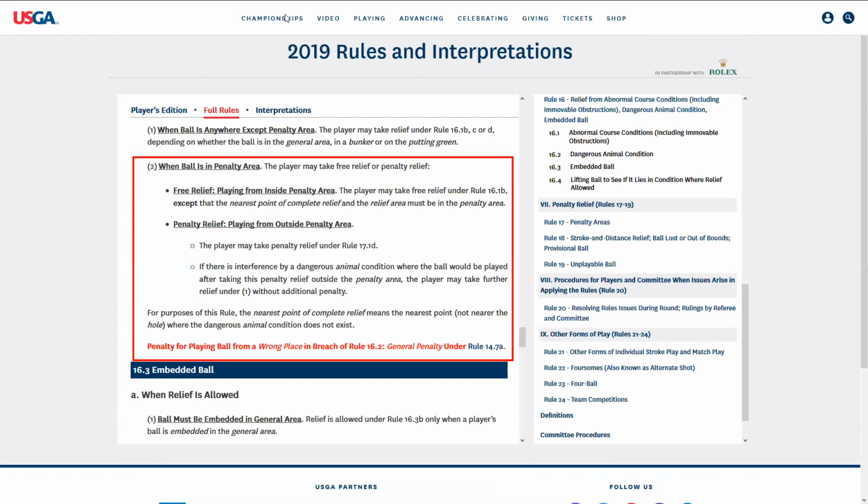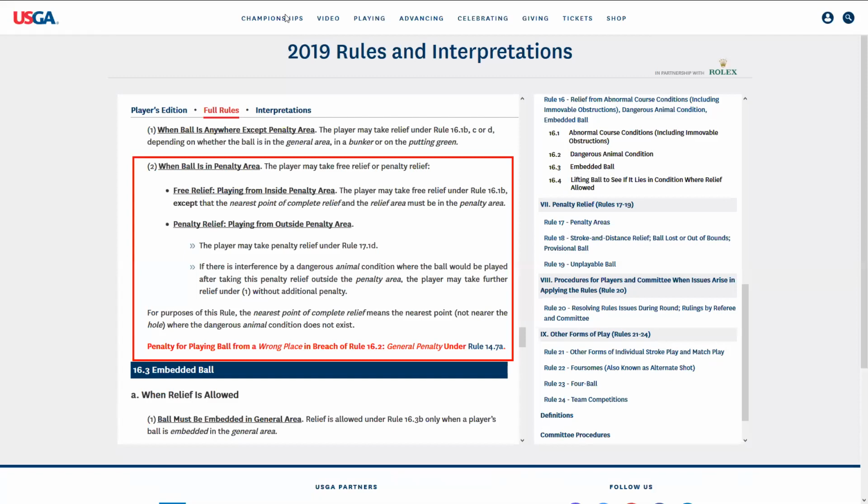You drop it within 2 club lengths outside the penalty area, and by golly, that alligator's still right there. So you're going to get the 1 penalty stroke for getting it out, but now you are allowed to take further relief by finding the nearest point of complete relief outside the general area where you don't have interference.